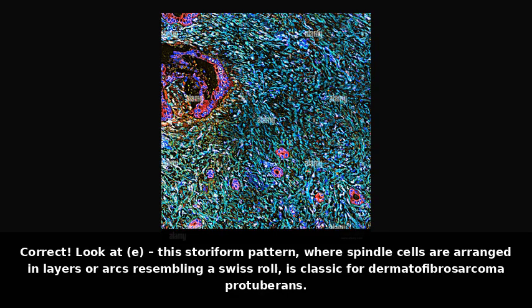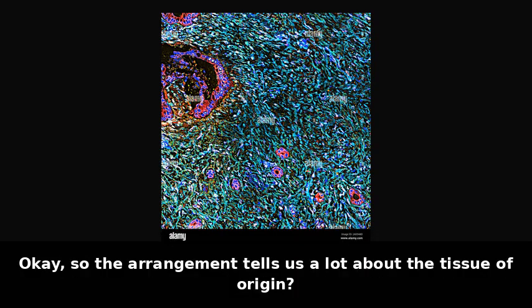Correct. Look at this storiform pattern, where spindle cells are arranged in layers or arcs resembling a Swiss roll. It's classic for dermatofibrosarcoma protuberans. Okay, so the arrangement tells us a lot about the tissue of origin.